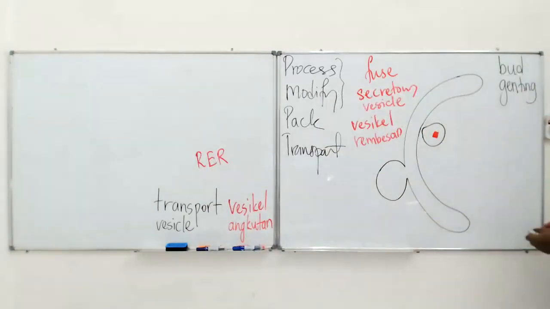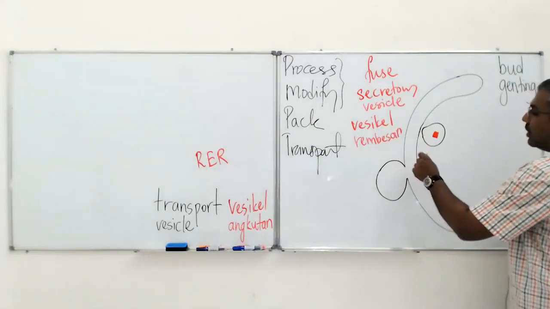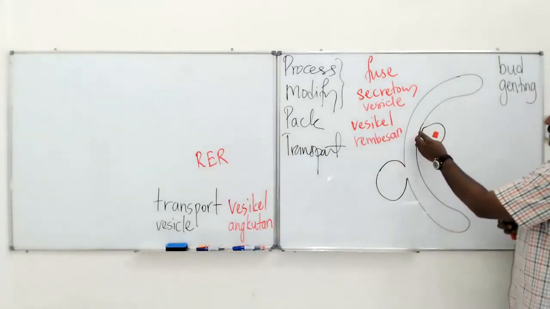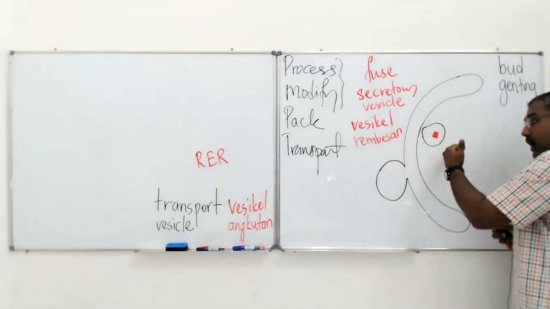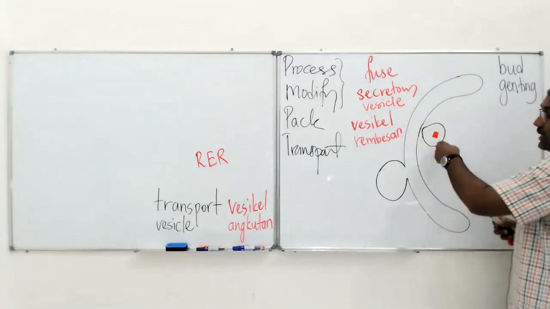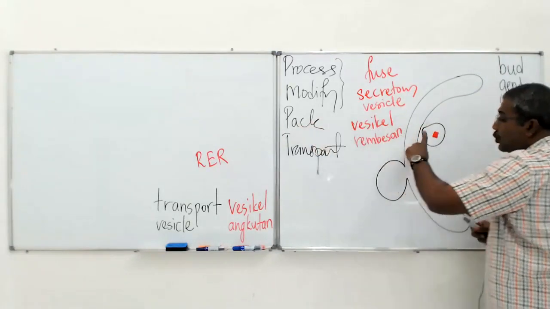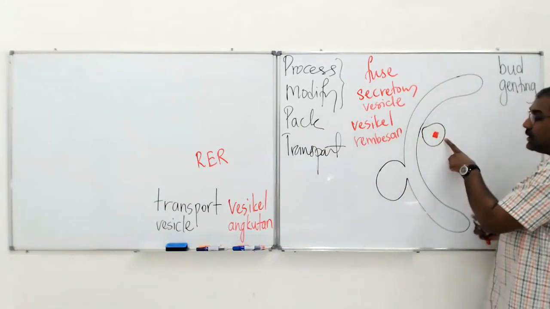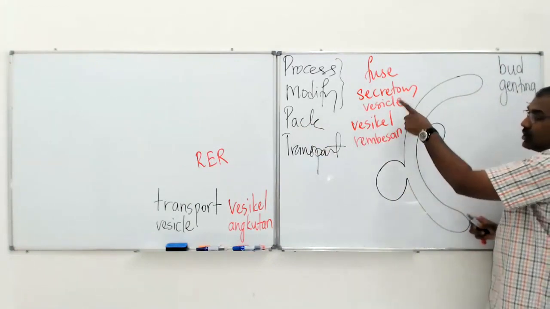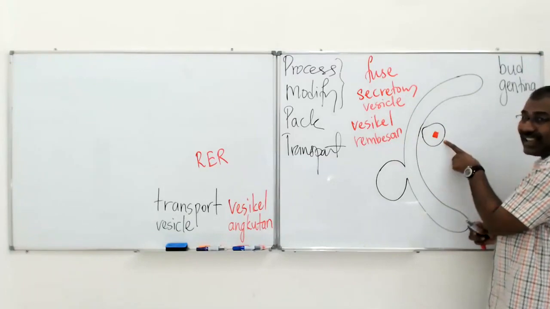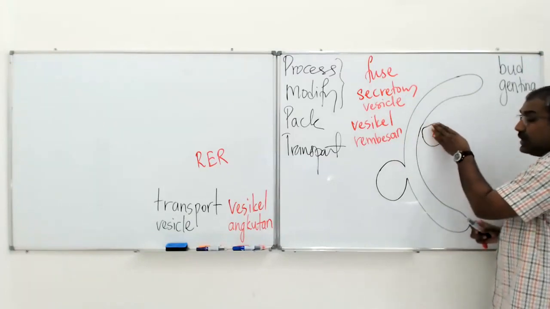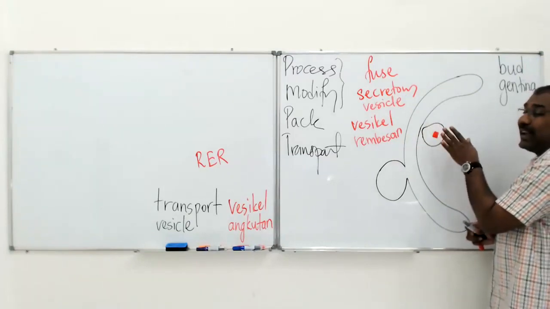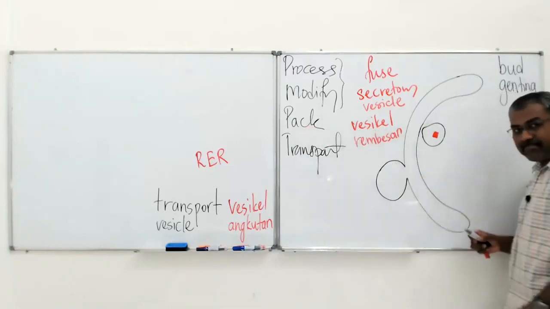Alright, enzim tadi akan keluar daripada Golgi, dibungkus dalam apa yang kita panggil sebagai secretory vesicle ataupun vesicle rembesan. So this is how it is packed, dibungkus.